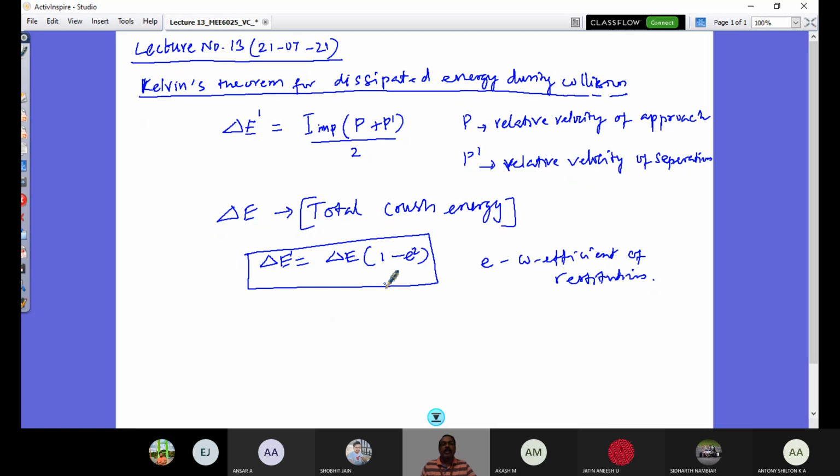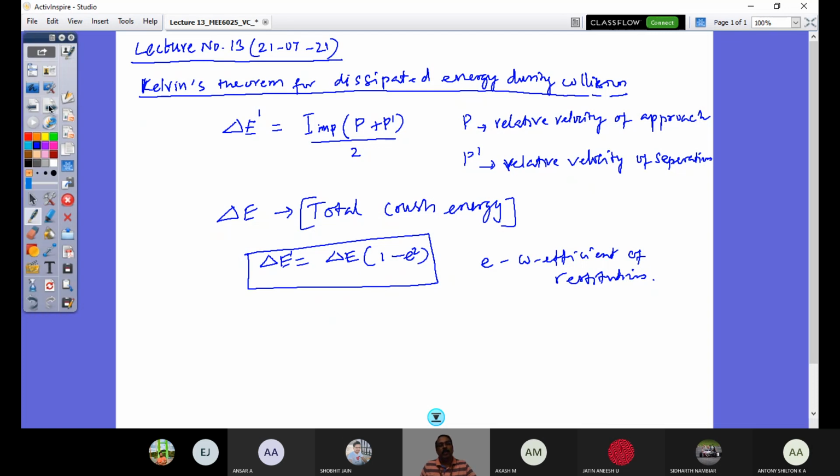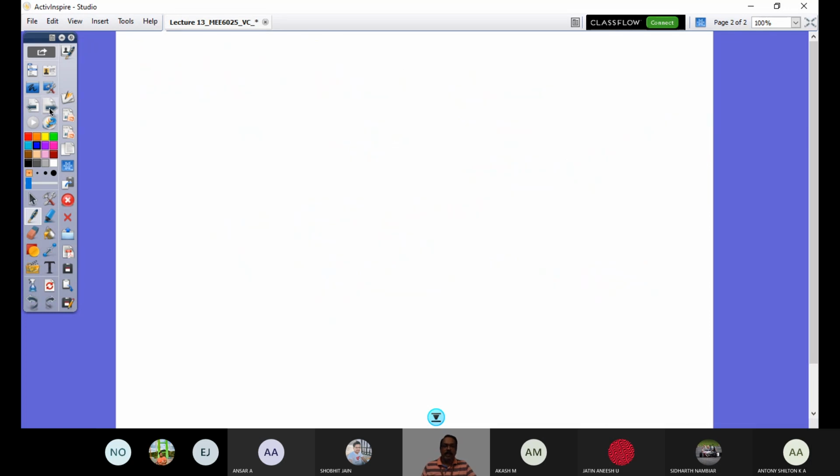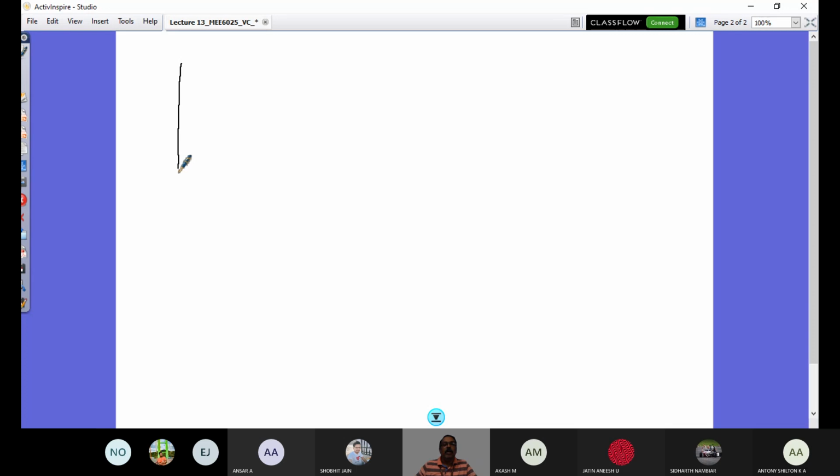To understand that, we are going to use an approach called the relative velocity motion approach. So we need to start with the basics again to understand what this relative motion is. Let me explain. Let us look at space, with this coordinate system x, y, z. I have here a trajectory, a path.